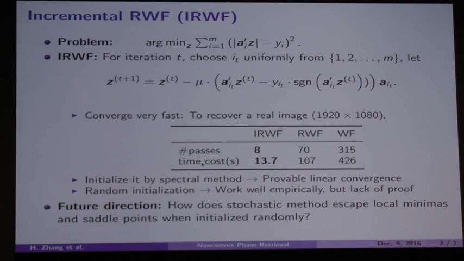However, in the regime with only a moderate number of samples, there indeed exists a bad local minimum, and in this case the stochastic method still successfully recovers. However, gradient descent often fails. Thank you.